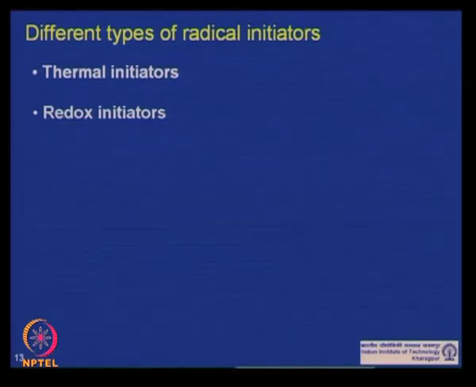For example, we talked about thermal initiators, where by applying heat we can dissociate homolytically a different type of molecules, for example AIBN and benzoyl peroxide, which we can use for radical chain polymerization as initiator.